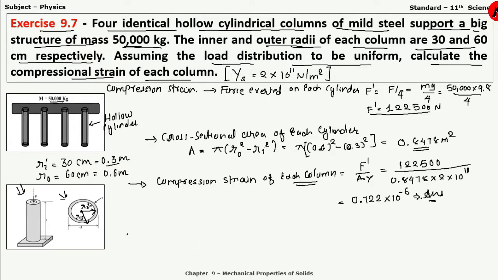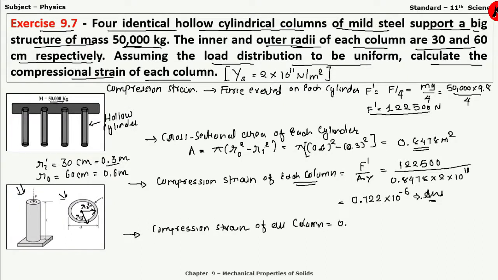If you want to calculate the compression strain of all columns, then what will we do? Simple, multiply this value by 4.